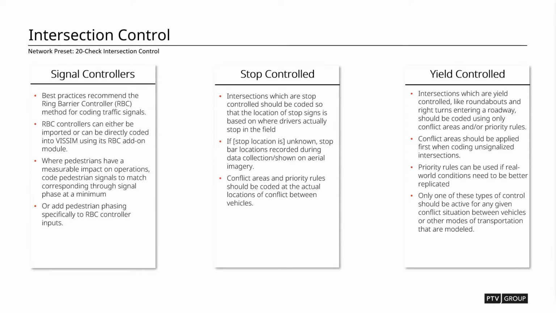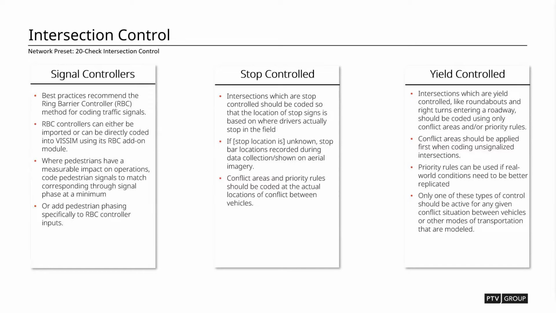Because if, for example, vehicles are rolling through a stop sign on a two-way stop, the capacity is going to be artificially inflated in the actual network. Whereas for a stop controlled right turn, the HCM might say it should have a capacity of 1,200 vehicles.